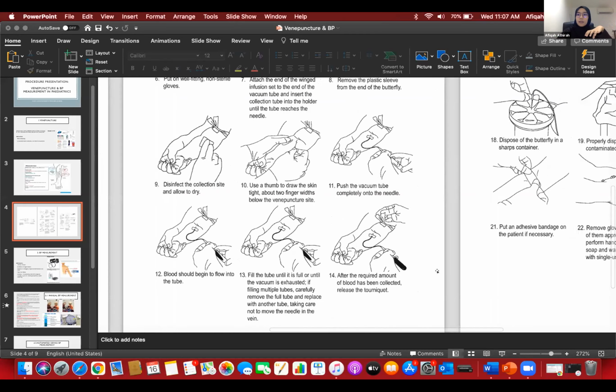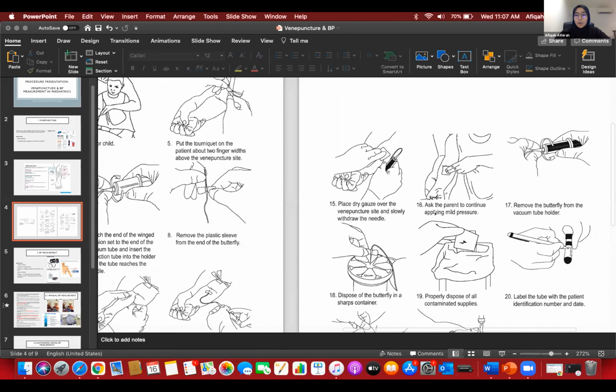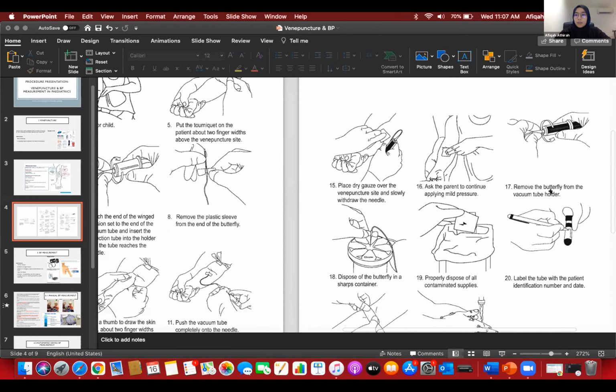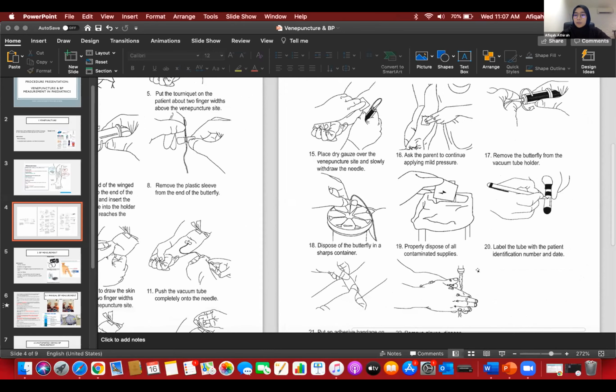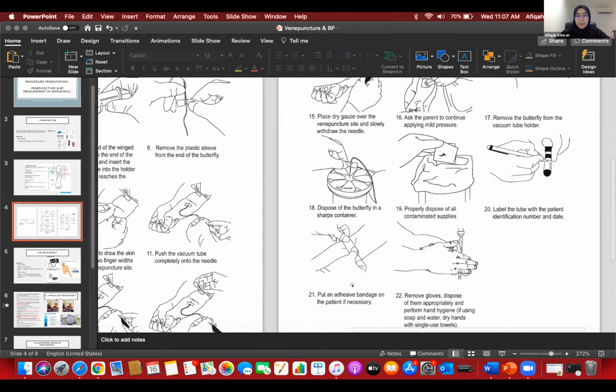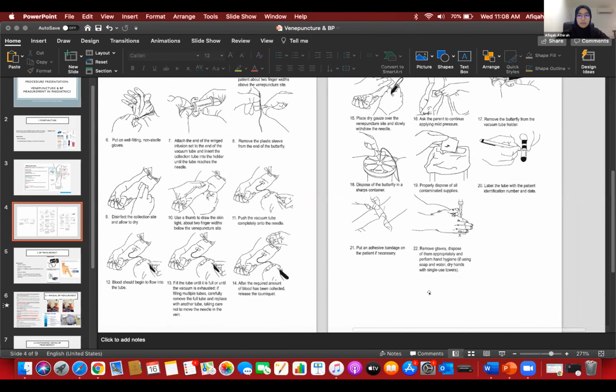After that, we place the dry gauze over the venipuncture site, like that. We ask the parent to continue applying gentle pressure, remove the butterfly from the vacuum tube holder, dispose of it in a sharps container, and dispose of all the other contaminated supplies. We then label the tube with patient ID and date, apply a bandage if necessary, remove gloves, dispose appropriately, and perform hand hygiene. So that's it for venipuncture.